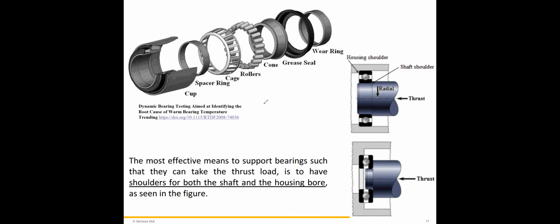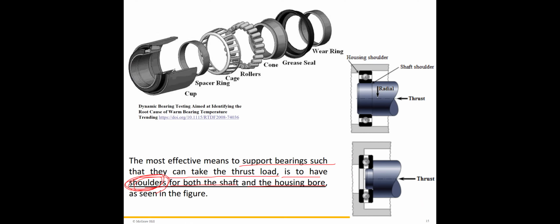That depends on how you design. You can use the taper roller bearing, or you can use other means to support the bearing such that they can take the thrust load, which is to have shoulders for both the shaft and the housing bore. Either use the taper roller bearing or use the shoulders.